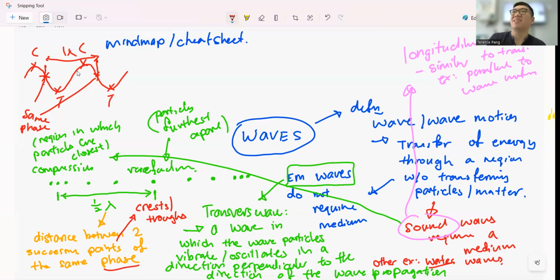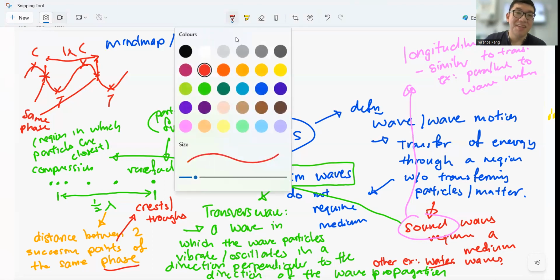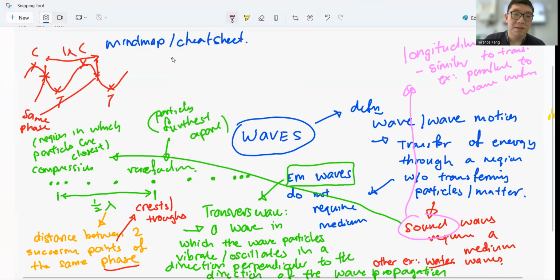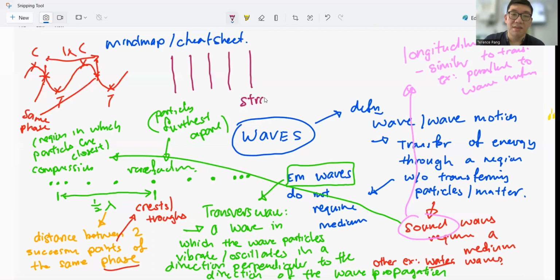So that's a wavelength. How is wavelength related to wavefront then? Let's draw. The wavelength. So these are straight wavefronts. Can you tell me how many wavelengths are there in the picture?